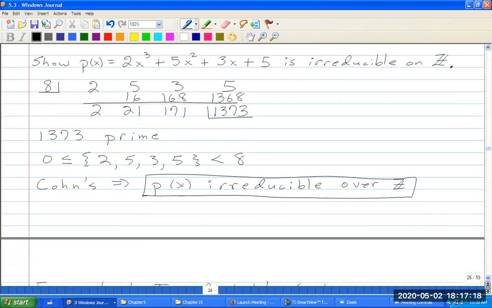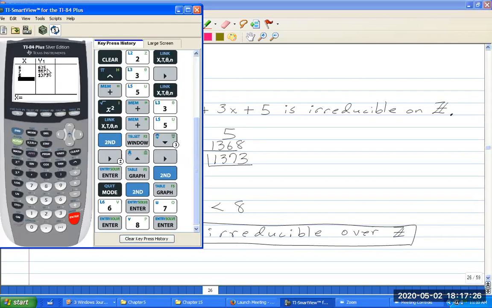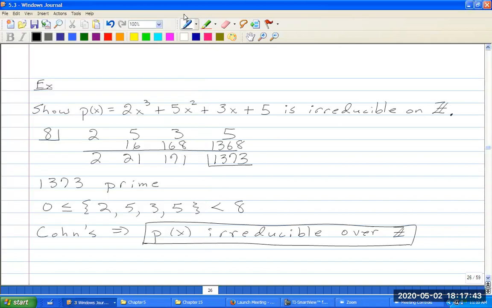What's the reason you chose 8 again? Because I had to pick something bigger than 5. If I noticed 6, see the 635, that's divisible by 5. I looked at 7, 957, that's divisible by 3. But 8 is 1373, so that's a prime number.